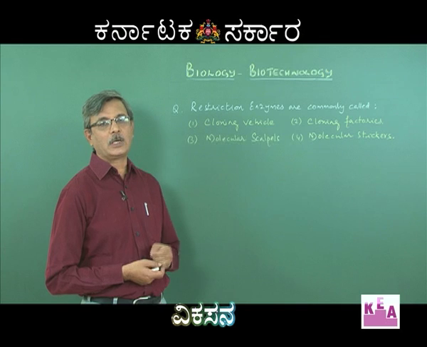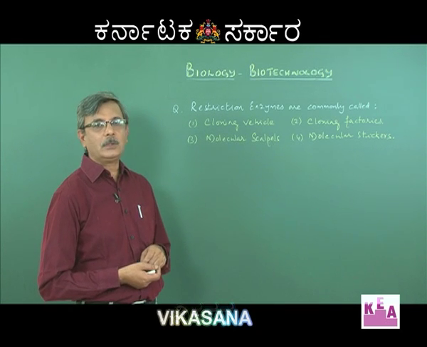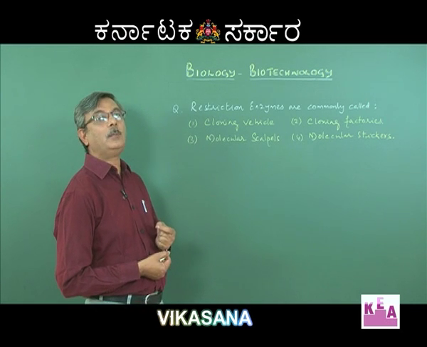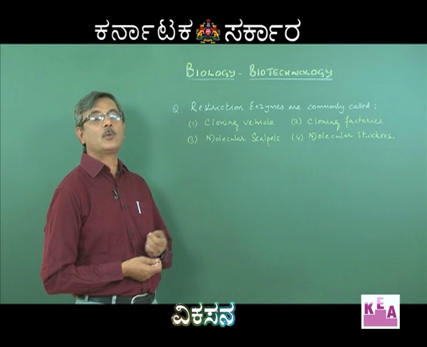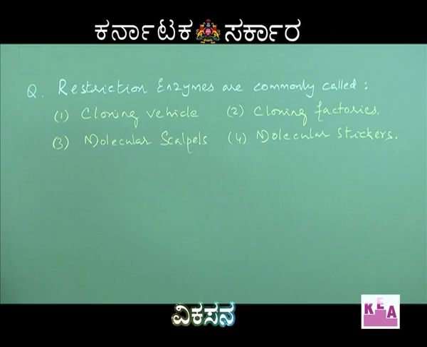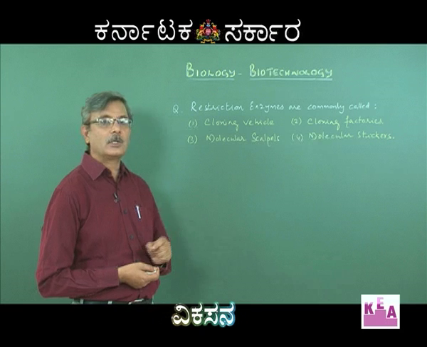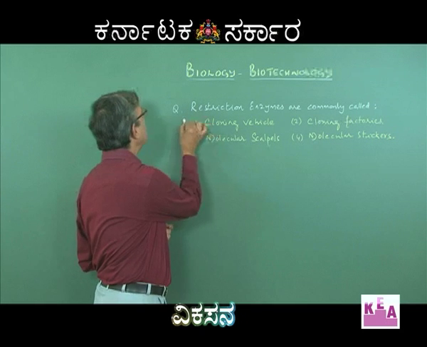It may be a plasmid, a phage, a cosmid, a phagemid or phasmid we call it. It can be a bacterial artificial chromosome, yeast artificial chromosome, human artificial chromosome. So cloning vehicle is a vector that is used in recombinant DNA technology to transfer the gene of interest into the organism of interest. Thereby, this is not the option.